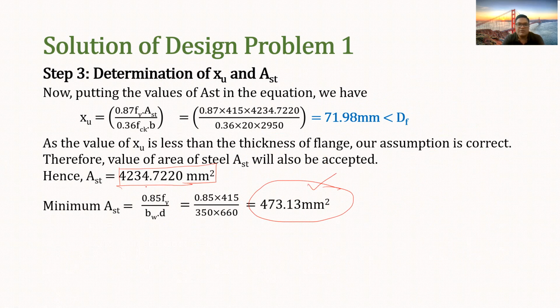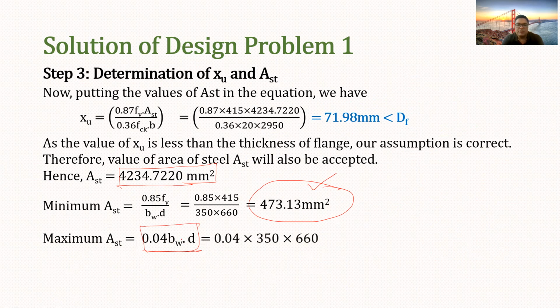Now we will check our area of steel for the maximum requirement also. As per IS code, maximum area of steel will be up to 4% of the cross-sectional area, which is 0.04 into BW into D. That becomes the maximum area of steel which we can provide in our beam.